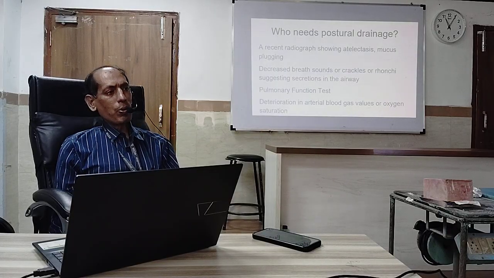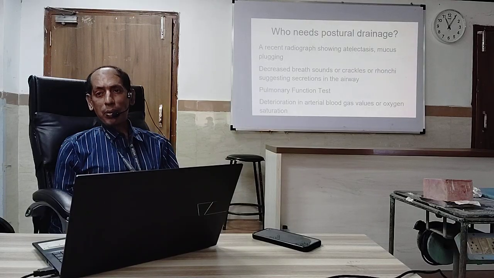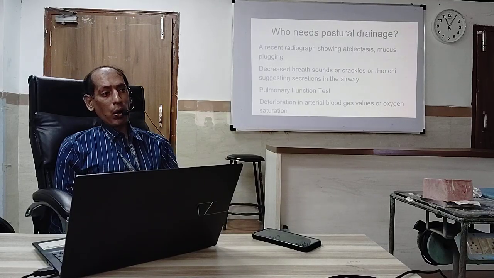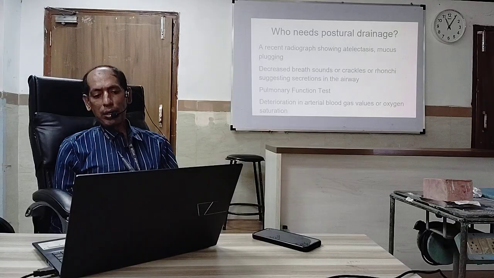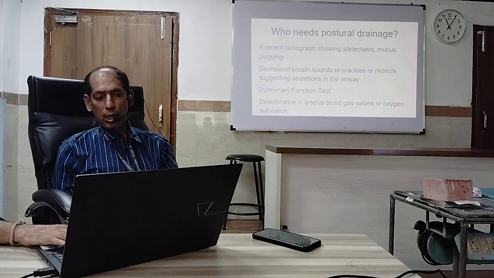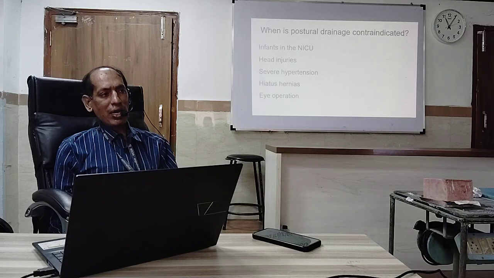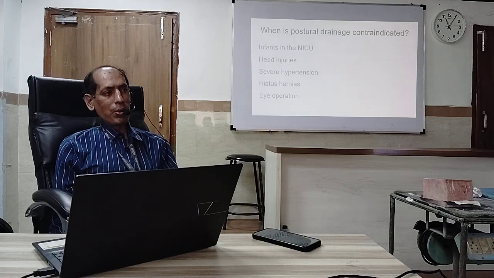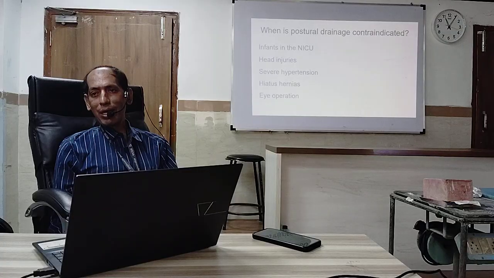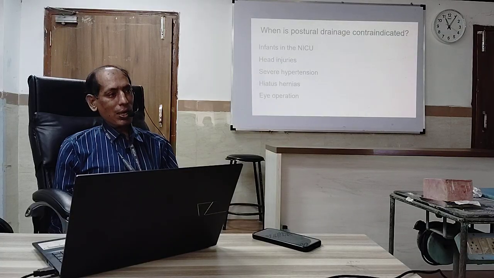So this is good about postural drainage. There are some exceptions where you cannot do postural drainage. Infants in NICU have various tubes attached to them. If you start doing head down, head up and all those things, the tubes will get displaced.